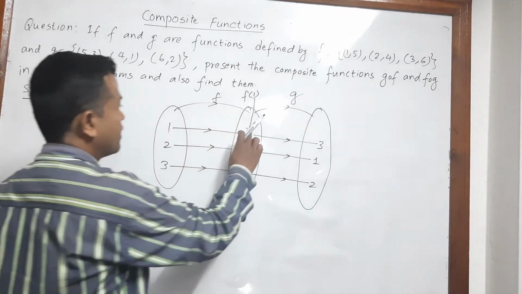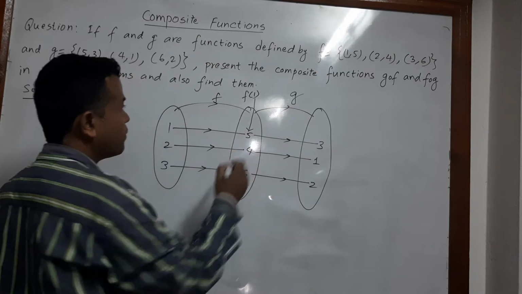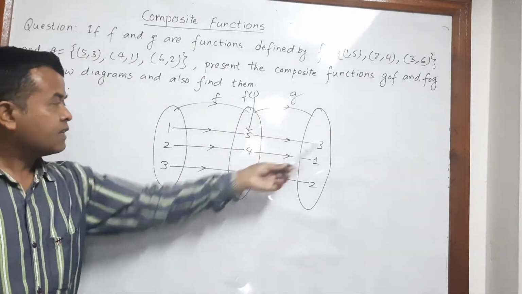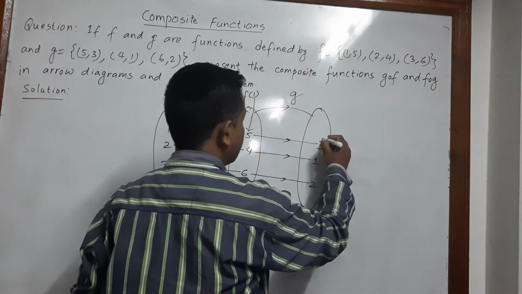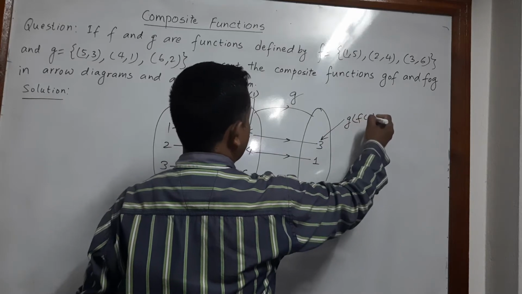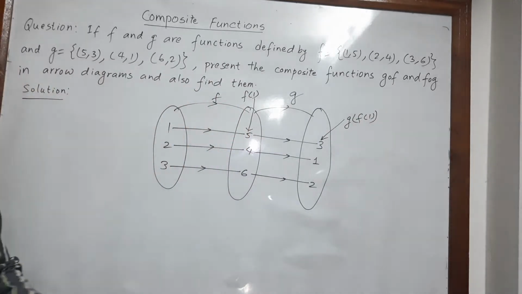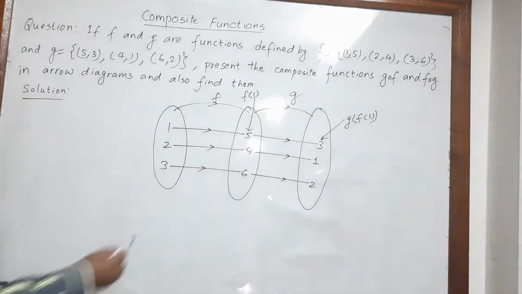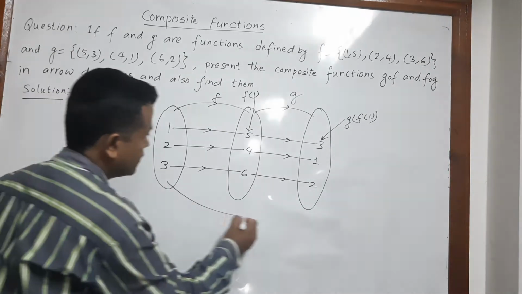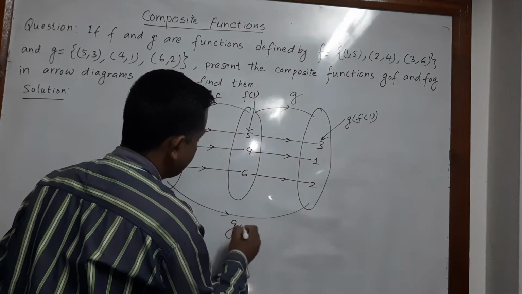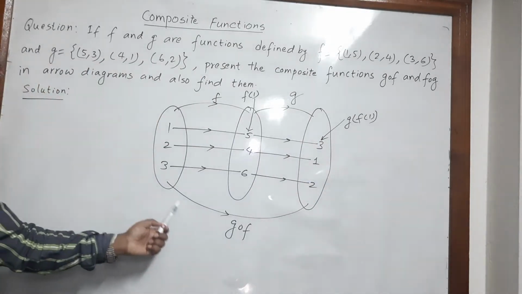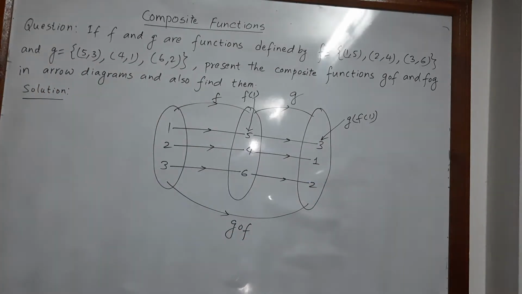And when g operates on this f of 1, then this 3 is g of f of 1. So this overall composite function is g of f. From this we can get the idea of g of f.